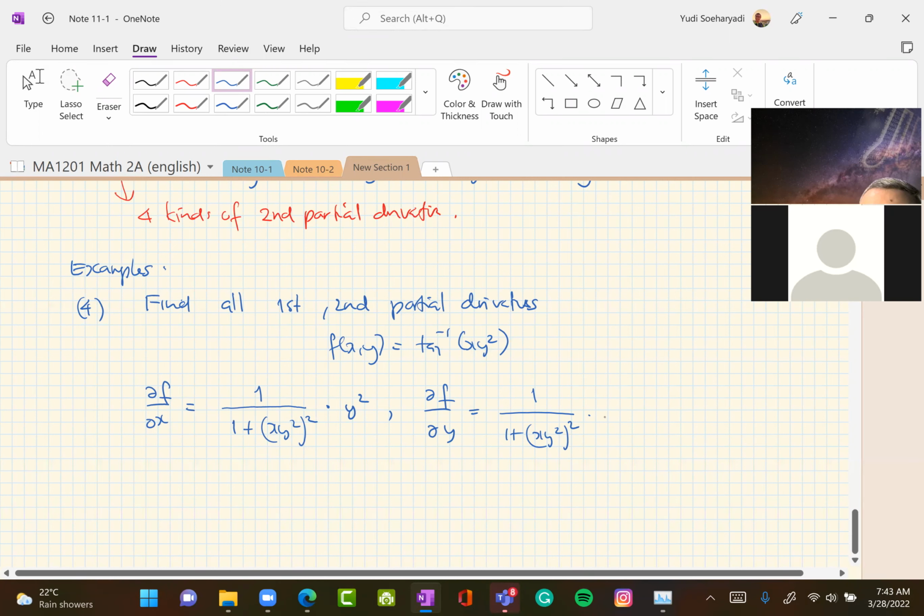The derivative is just 2xy. All right. Is it clear so far? Questions?